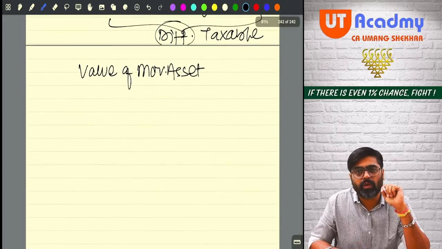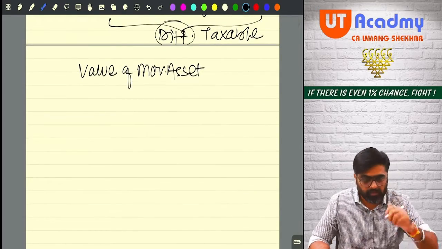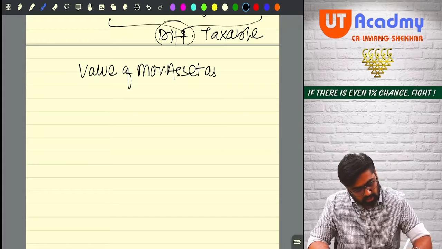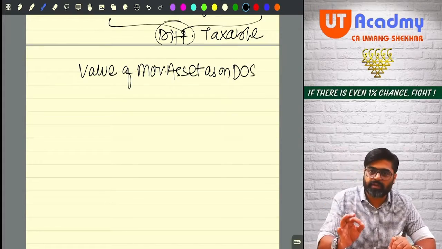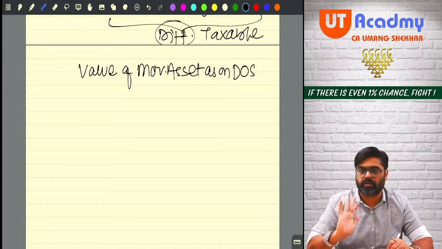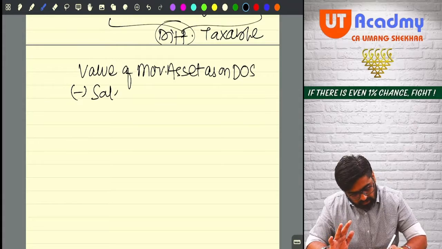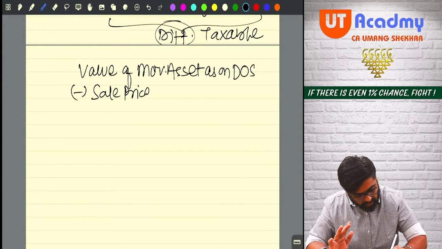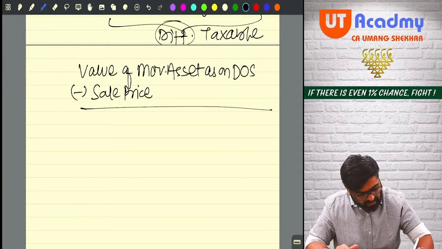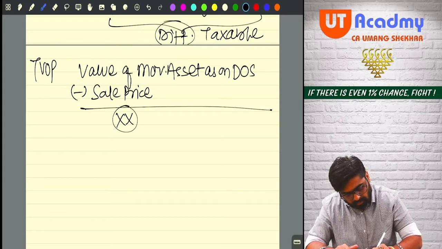So you are going to calculate the value of the movable asset as on the date of sale. The date on which that asset is sold to you, as on that date, what was the value of that asset? Minus the sale price recovered from the employee. So whatever balance will be there, that balance will be the taxable value of perquisite.